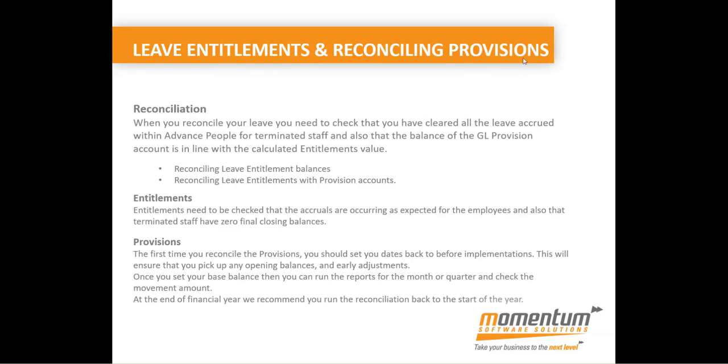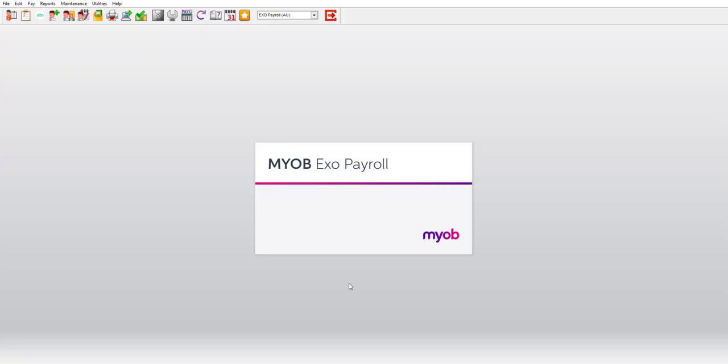Now, there is going to be variations with the provision that the report is going to show and what you might actually have in the general ledger balance sheet account, because staff will have come and gone, changed their pay rates, and those sort of things aren't kept automatically in line in your financials.